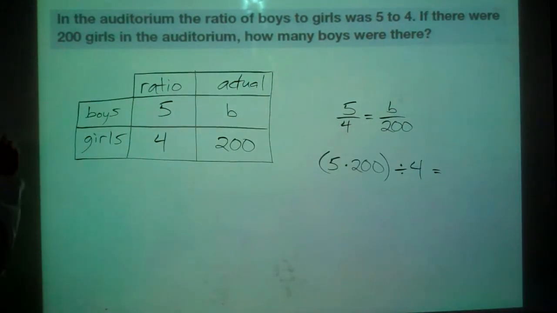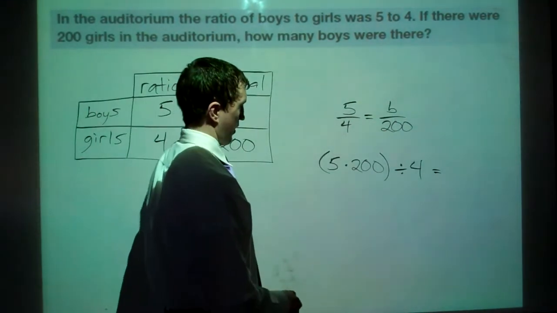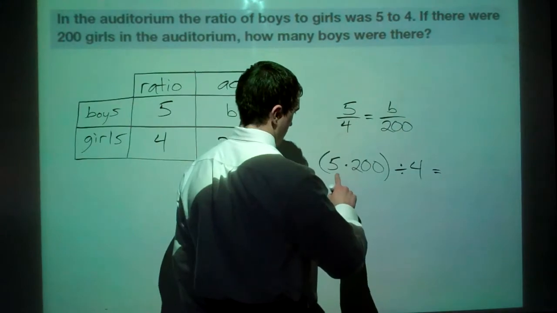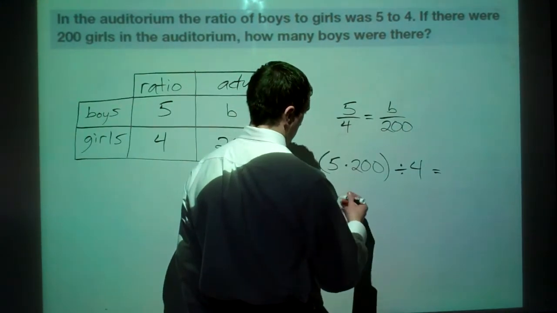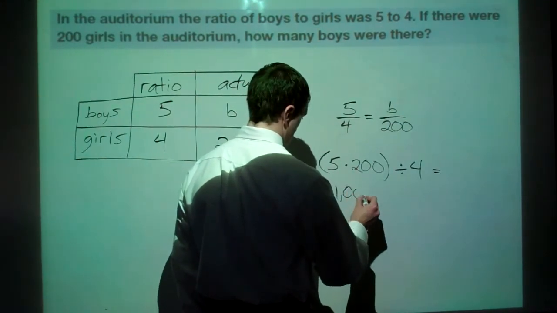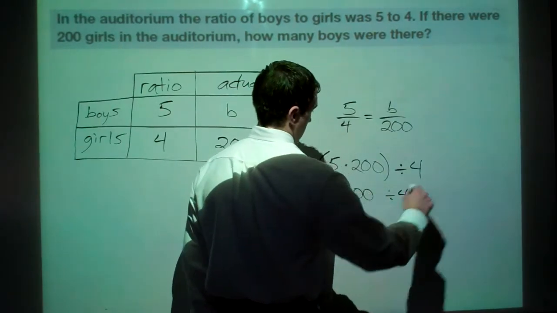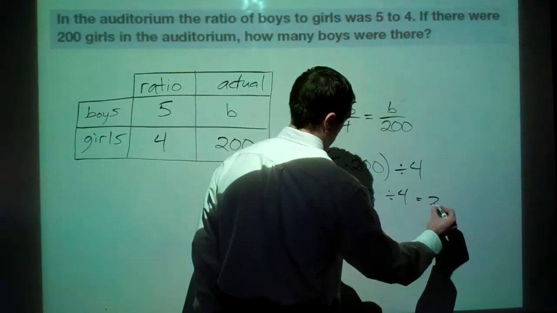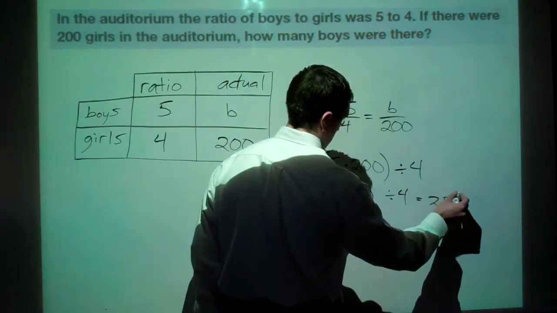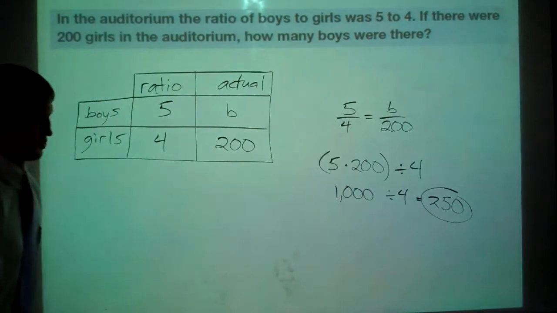We could also go another route. Let's see, let's go both routes and see if we get the right answer. So this is 5 times 200, which is 1,000. And 1,000 divided by 4 is 250. So that's how many boys we should come up with.